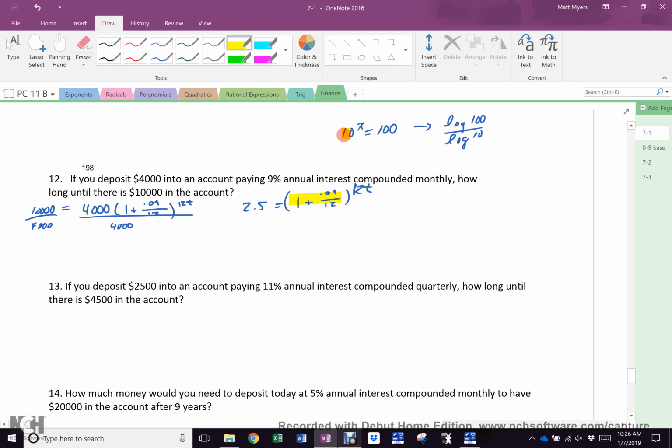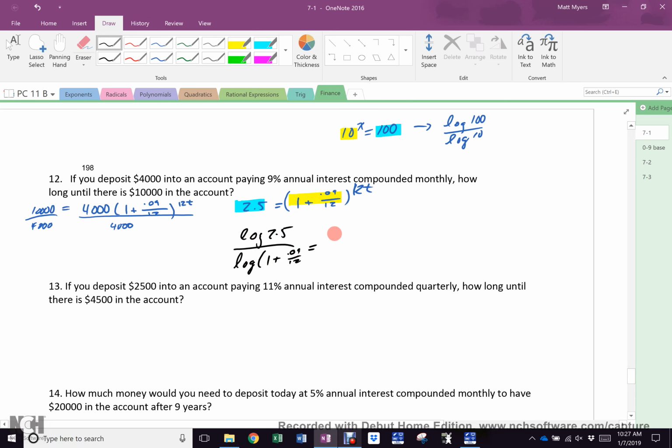That is the 10. That is the 100, right? So, if I go log 2.5 and I divide it by log of (1 plus 0.09 over 12), I'm going to get what?